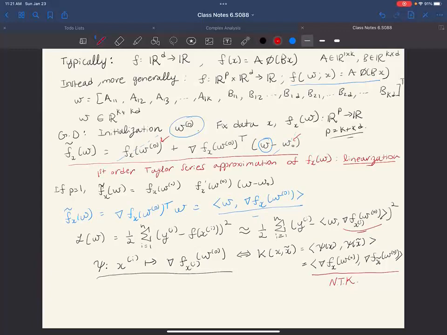And note that so far, we haven't considered infinite width networks or anything like that. Just as we did for the neural network Gaussian process, we're just writing some approximation of any finite width neural network, and noticing that this linearization we wrote out corresponds to training a linear model on transformed features, which is just kernel regression.